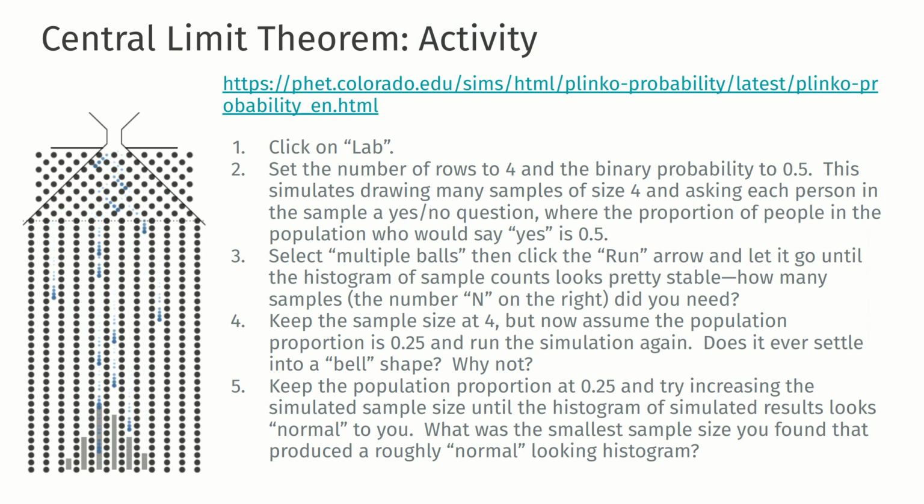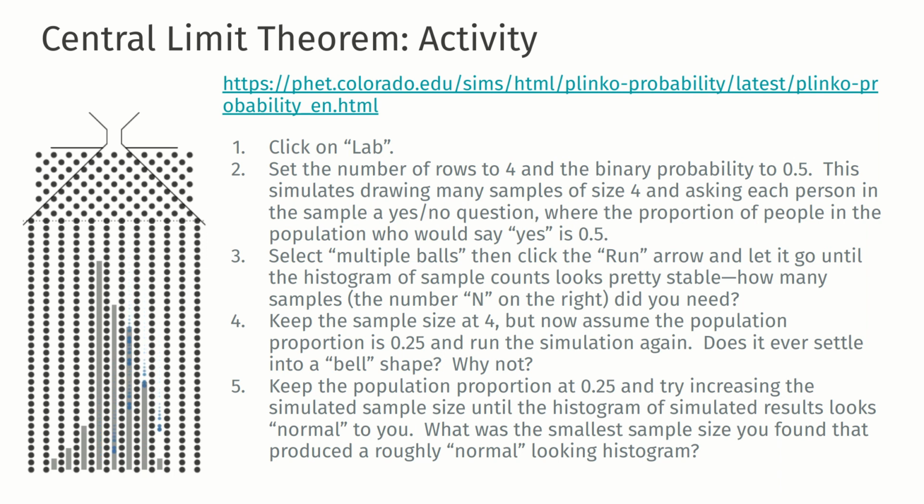One thing I'll leave for you to do to explore the consequences of this is to first keep the sample size at 4, but then assume that the population proportion is 0.25 instead, and then run that same set of simulations.